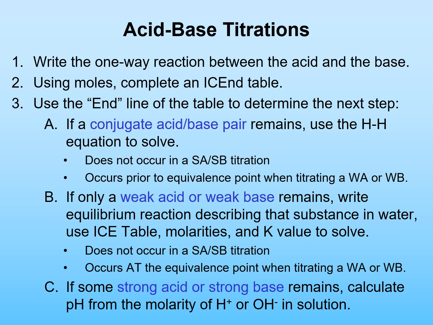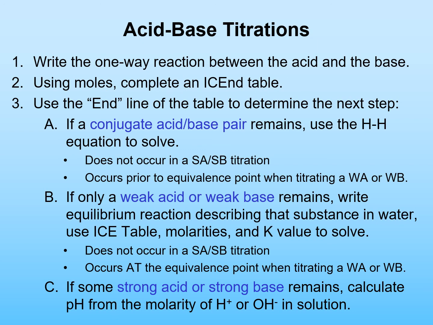If you're left with only a weak acid or weak base, so it does not have its pair, you're going to write out an equilibrium reaction describing the substance in water using an ice table, the molarities, and the K value to solve for those overall concentrations.